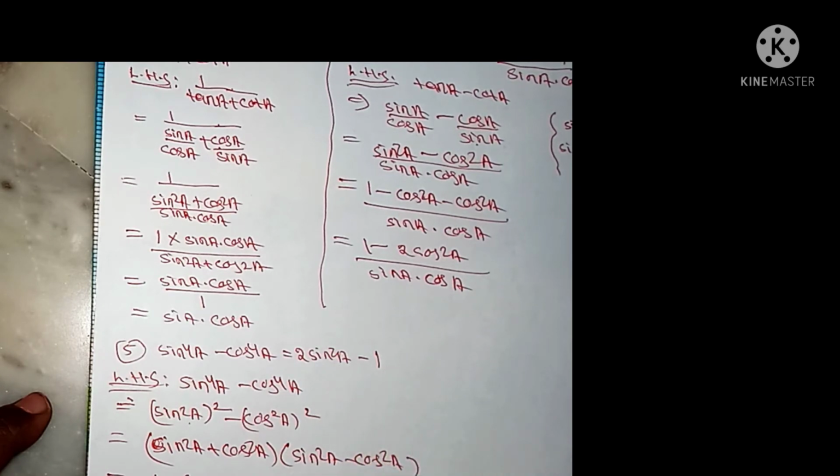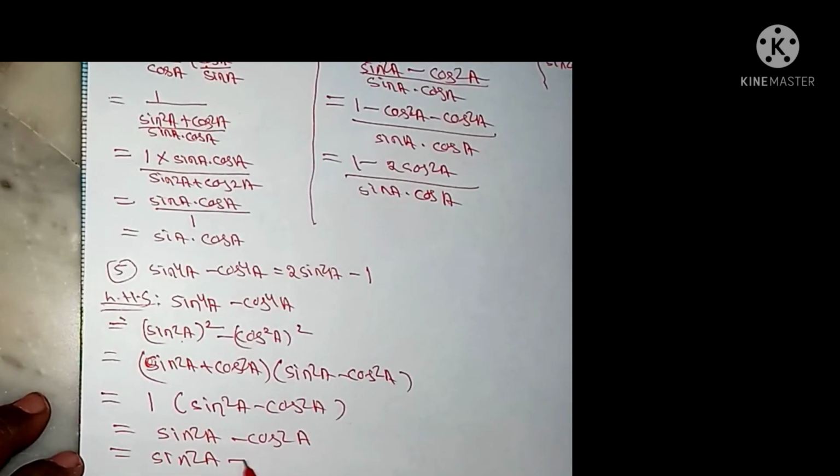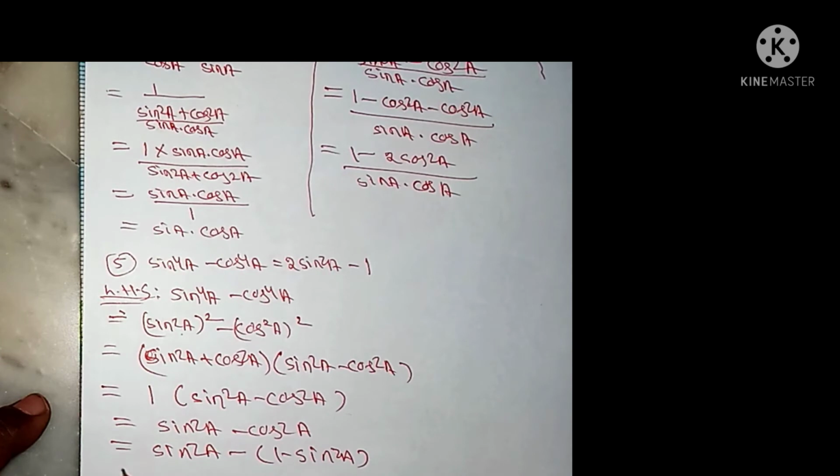So convert cos square A into sin square A. Multiply 1 with this, which is the same, sin square A minus cos square A. Now convert cos square A, which is equal to 1 minus sin square A according to the identity.